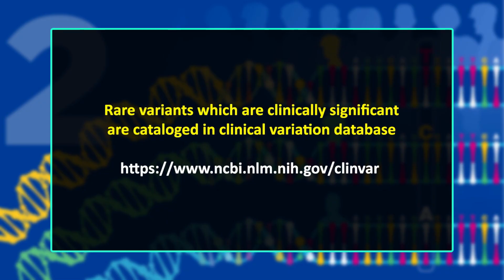They are usually deleterious and present less frequently in population, that's less than 1%. They are known as rare variants. So rare variants which are clinically significant are cataloged in the clinical variation database represented by this address.